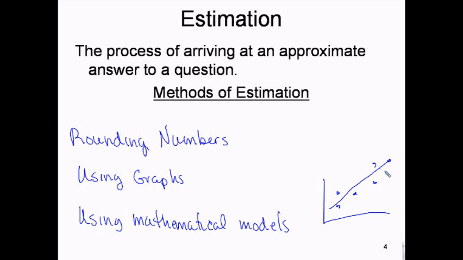And this happens a lot in math, and more often in applied math than theoretical math. Anytime people are doing stock market analysis, they're making estimations based on mathematical models because it's impossible to completely accurately predict the stock market because it's based on human behavior, and that's unpredictable.